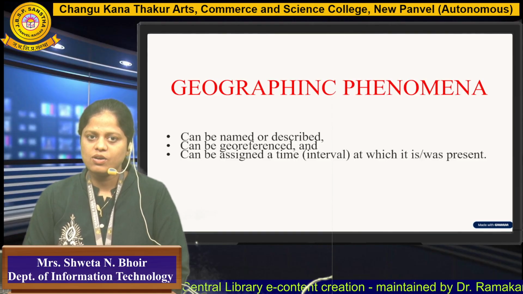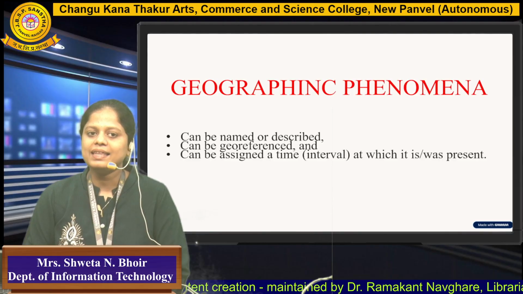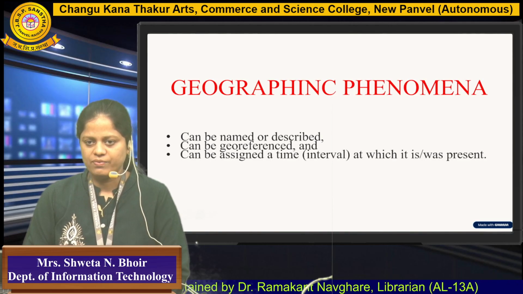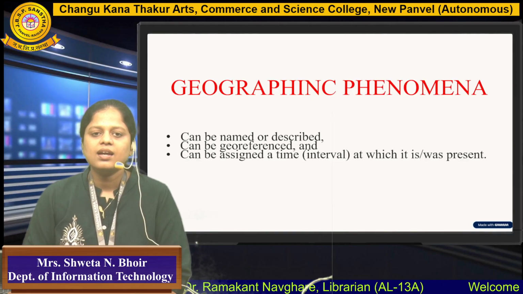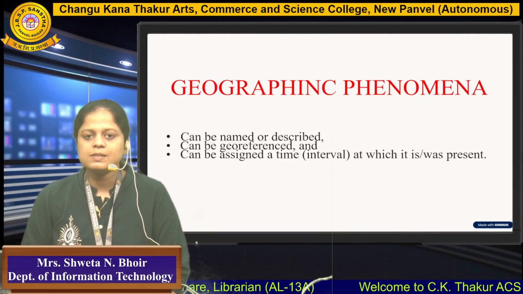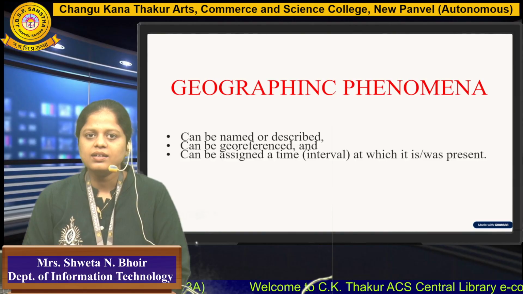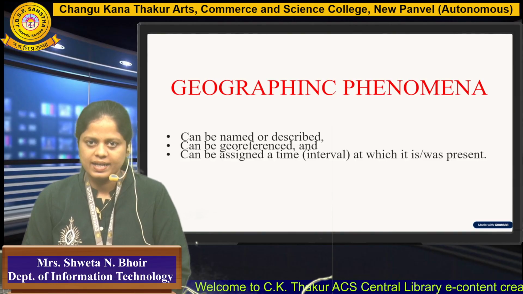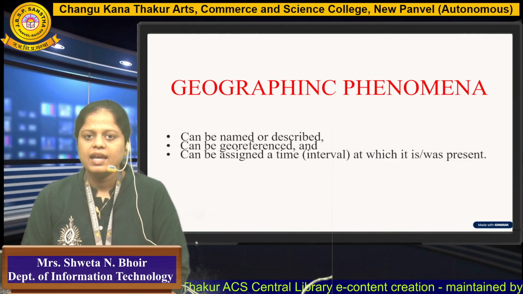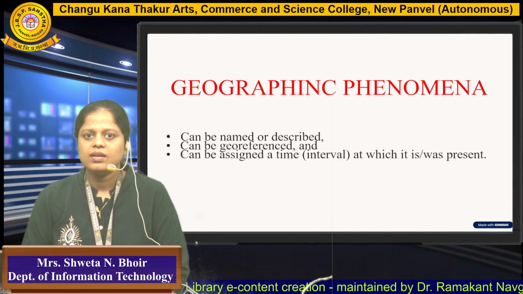First of all, it can be a name or description. So you have to set the name and the description for the area. Second, it can be a georeference. What is meant by georeference? The data related to geography and the data related to the spatial one. Spatial itself is nothing but the data related to the geodatabase. It covers any land surface, any mountain area, any sea area, sky area.